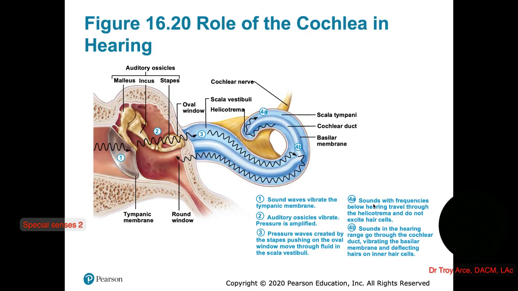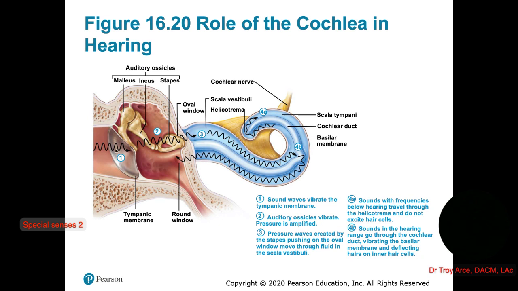So the role of cochlea in hearing, as you can see there, you look at one, you have your sound waves that vibrate the tympanic membrane, and again, a star next to the tympanic membrane. It is a barrier, right? It also demarcates the difference between the external and internal ear.